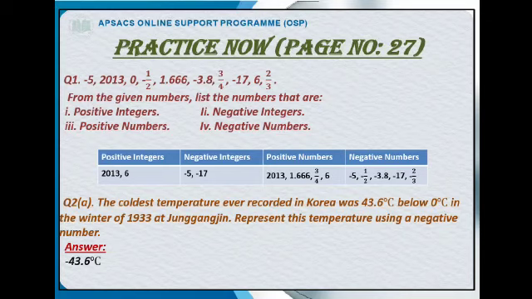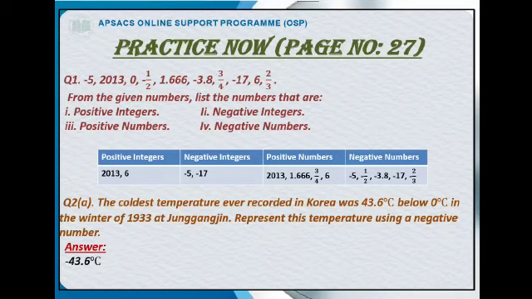In negative numbers, all the numbers written over here, either decimal or non-decimal, but with the negative sign, that is minus 5, minus 1 upon 2, minus 3 upon 8, minus 17 and minus 2 upon 3. So these are the distinctions between these four categories.